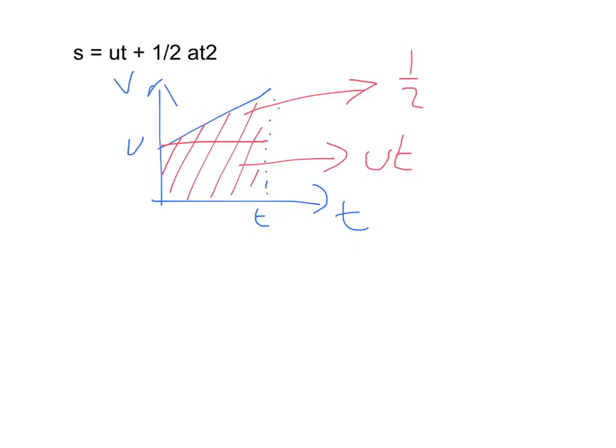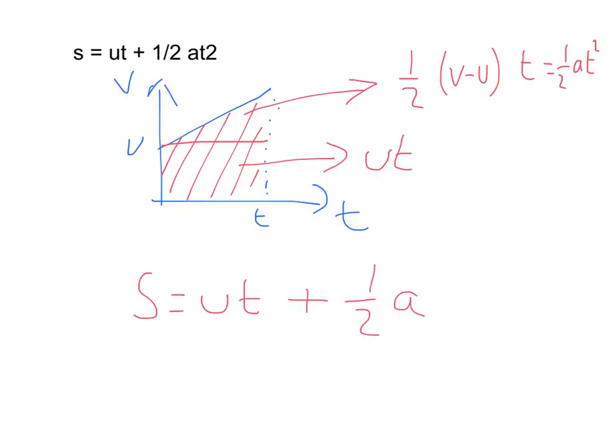Now the height is just v minus u, but we already know that v minus u is at, so we can say half times the height, v minus u, times t, but in this case that will be, because we don't know the final velocity, half at times t, so half at squared, and then we just add them together and it becomes ut, the bottom rectangle, plus the area of the triangle, half at squared. Okay, so that becomes our third suvat equation, s equals ut plus a half at squared.